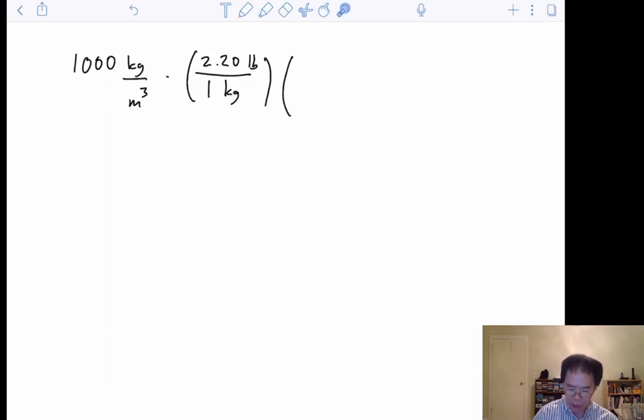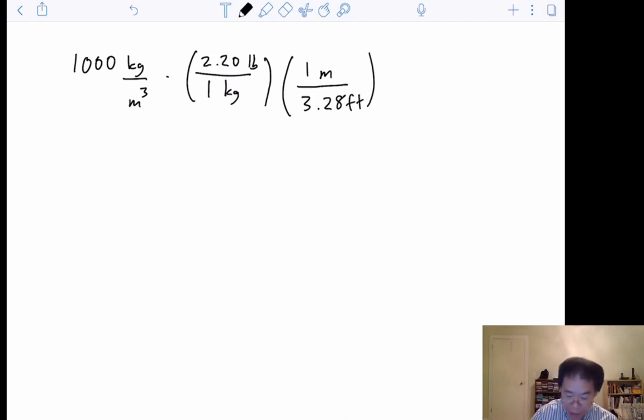So notice now I have meters in the denominator in what I was originally starting with. So in order to cancel out those meters down here, I need my meters in my conversion factor to be upstairs. So I will write 1 meter is equivalent to about 3.28 feet.